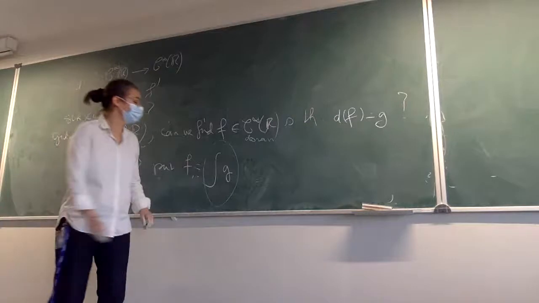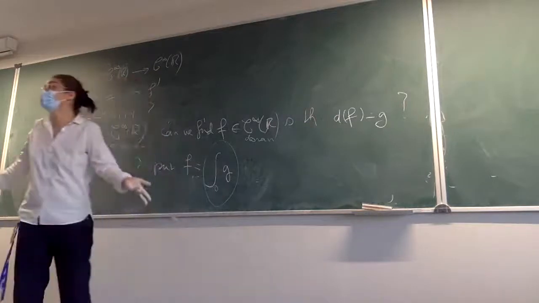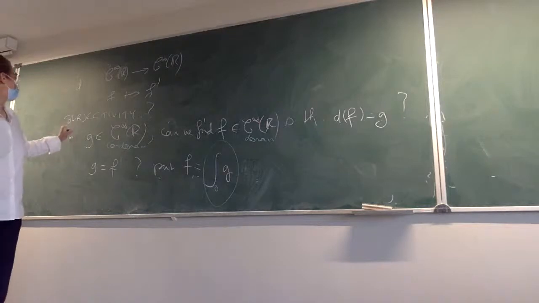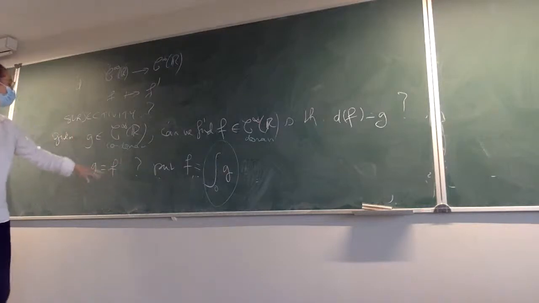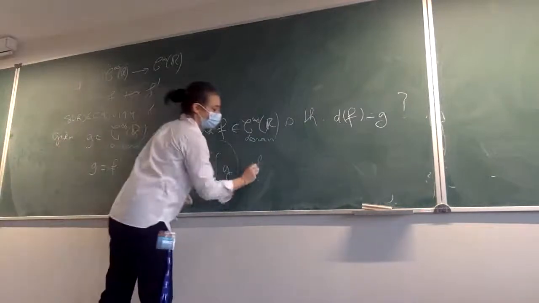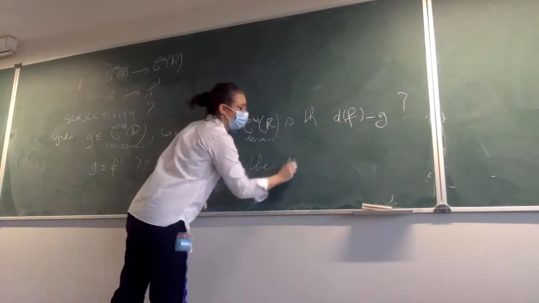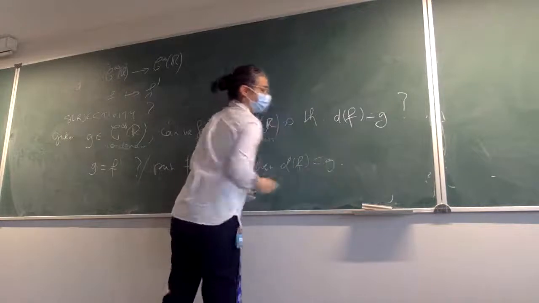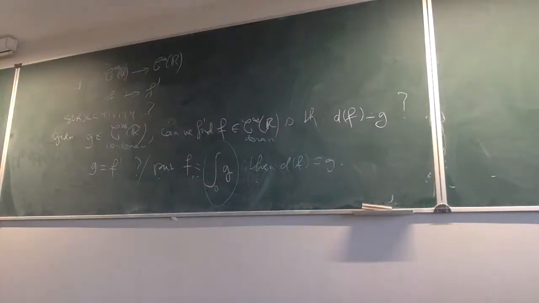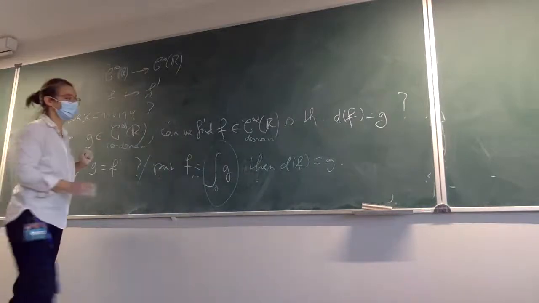If you really want to choose, you can take the one that is cancelling at zero, whatever. That can be an idea. Then we have that D of f is equal to g. Hence, the map is surjective, because this is something we can do for anything in the codomain.